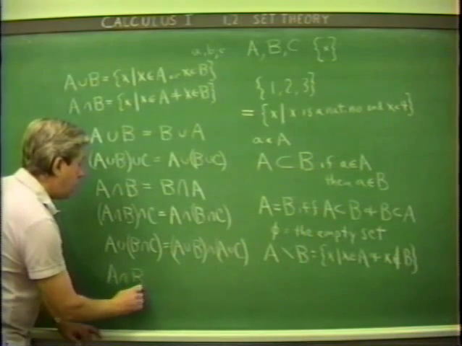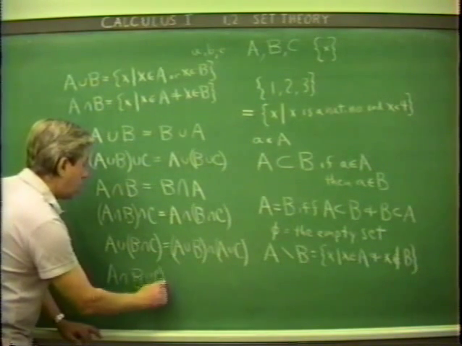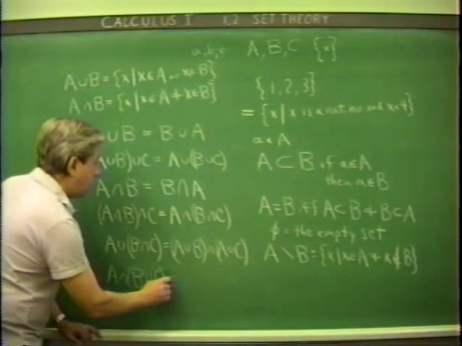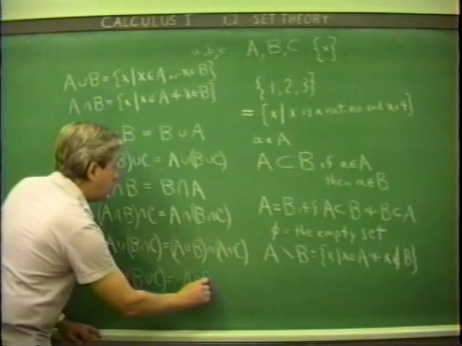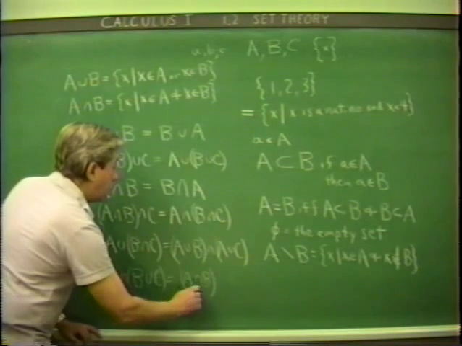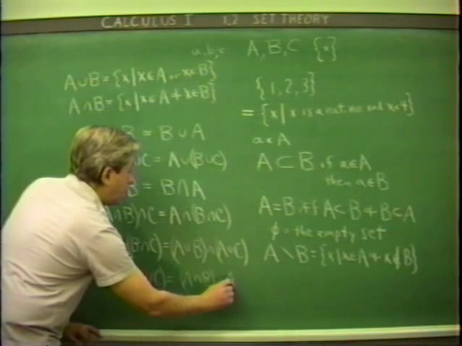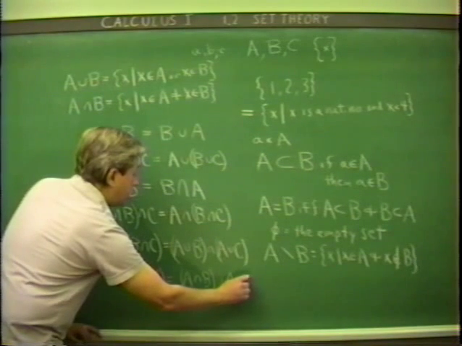A intersected with B union C is the same set as A intersected with B union A intersected with C.